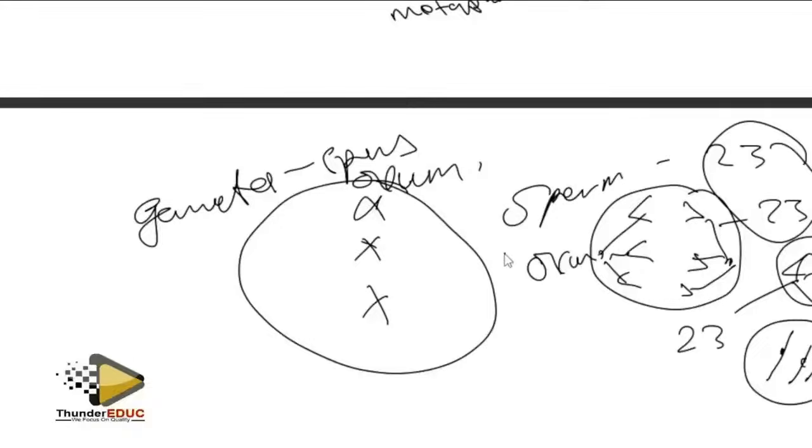Meiosis takes place in the testis in humans, that is male, and in the ovary, that is female. In plants, it takes place in the anthers, that is male, and the ovary, that is female. You have to know those things.